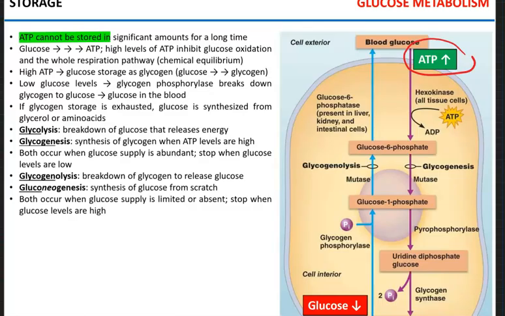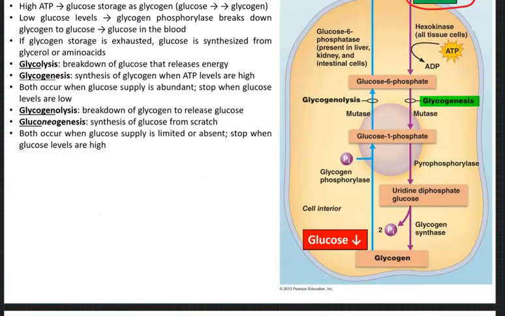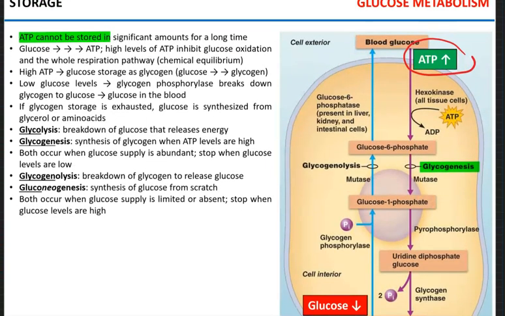ATP levels go up, you have a lot of money, you want to save it, so that increased level of ATP stimulates glycogenesis, which results in a bunch of glycogen. So, a lot of ATP leads to glycogenesis.